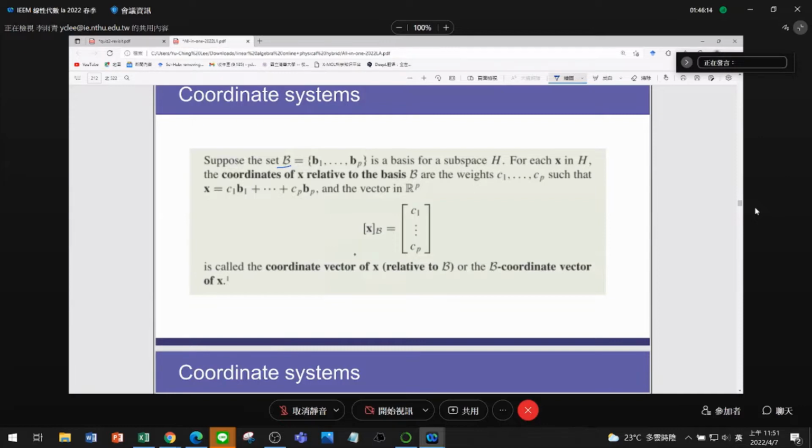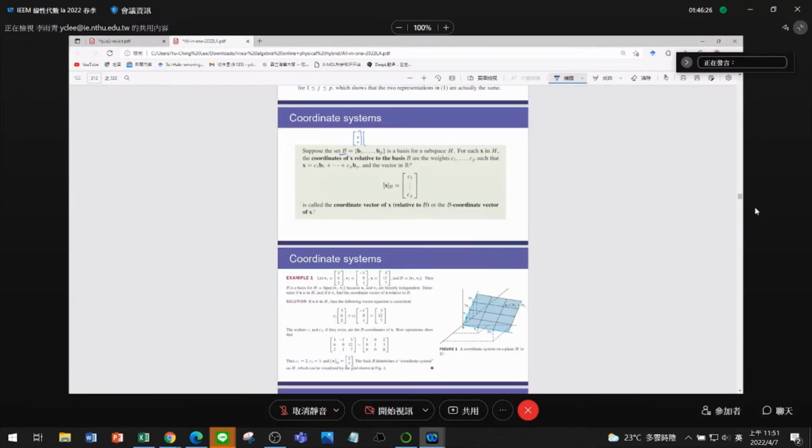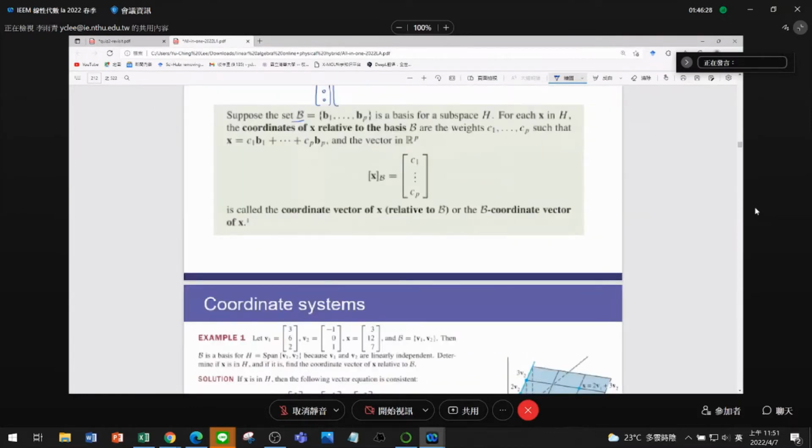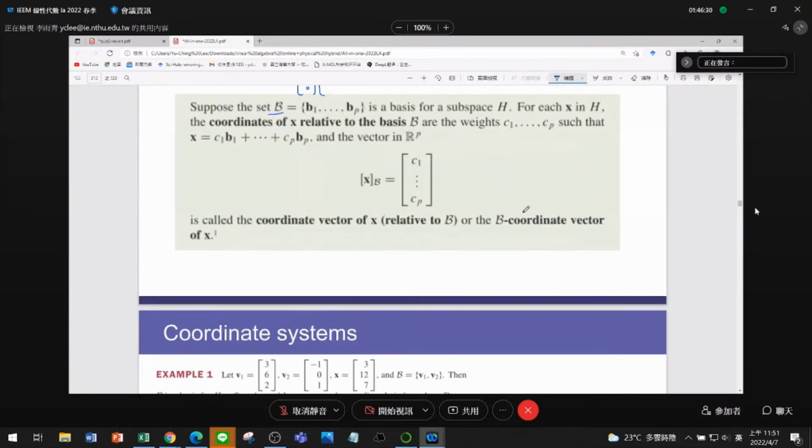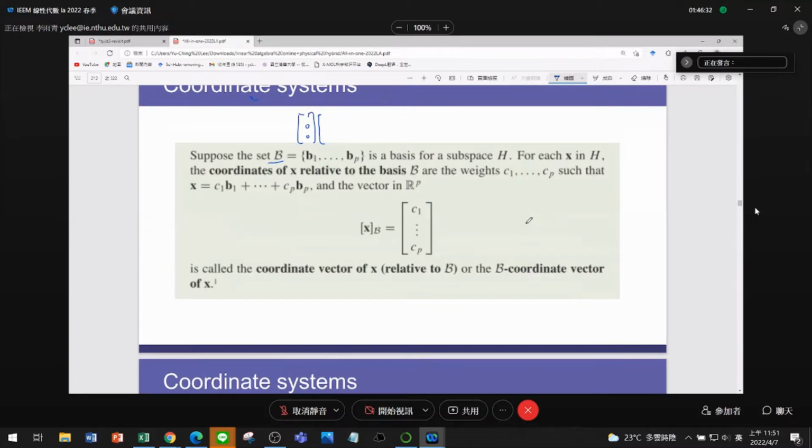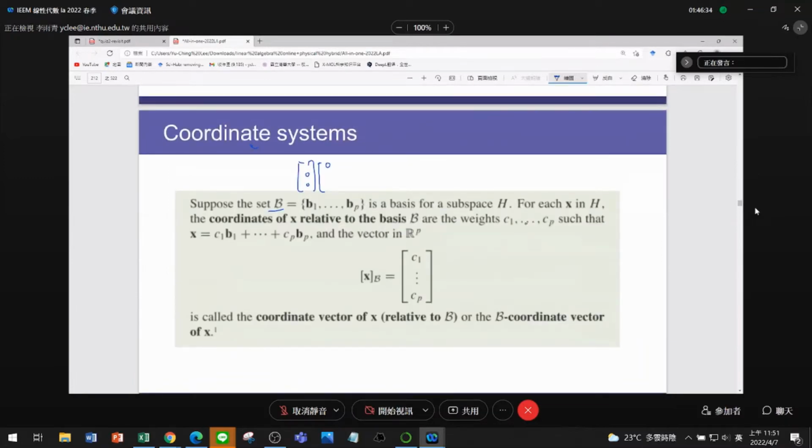Standard basis is like this: 1, 0, 0, and 0, 1, 0, and 0, 0, 1. Suppose these are B1, B2, and B3.